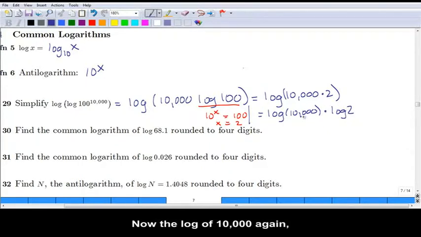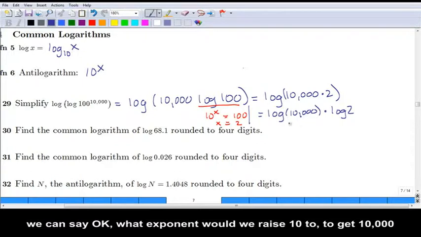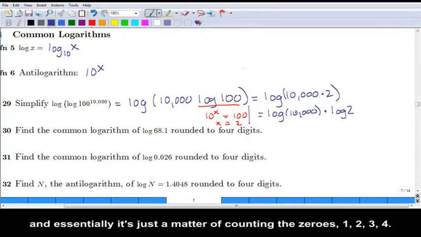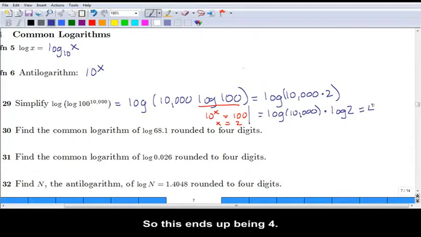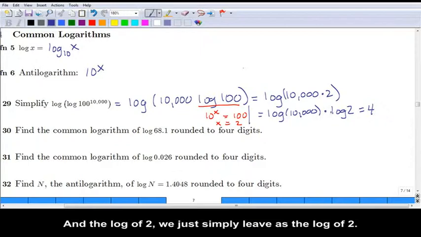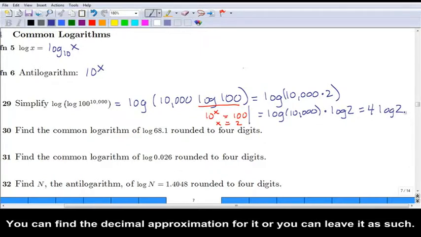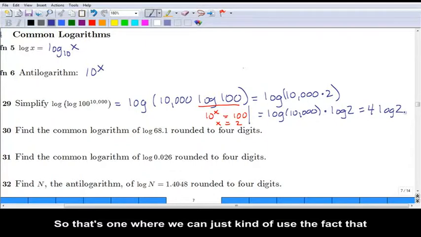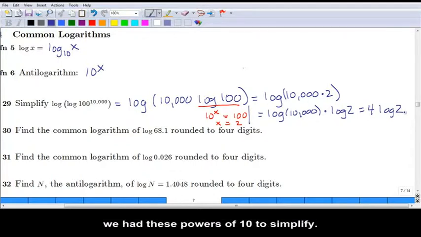Now the log of 10,000, again, we can say, okay, what exponent would we raise 10 to get 10,000? And essentially it's just a matter of counting the zeros, 1, 2, 3, 4. So this ends up being 4. And the log of 2 we just simply leave as the log of 2. You can find the decimal approximation for it, or you can leave it as such. So that's one where we can just kind of use the fact that we have these powers of 10 to simplify.